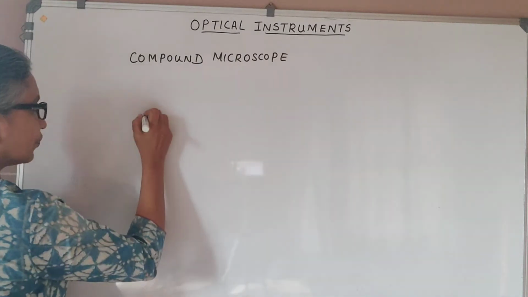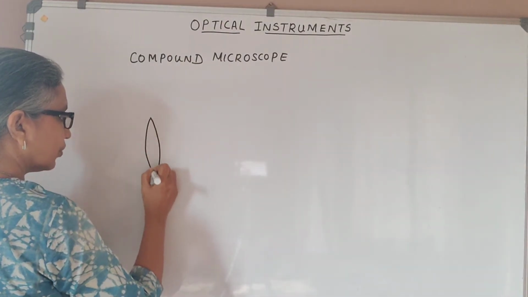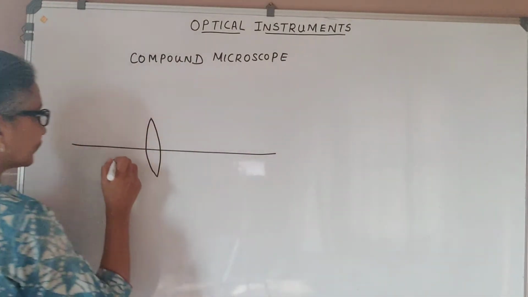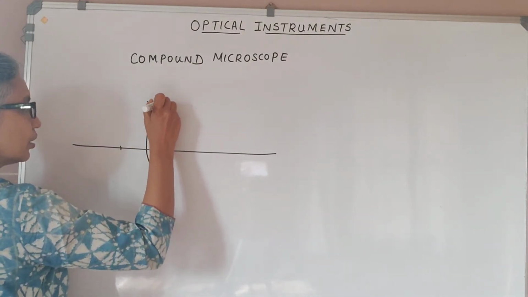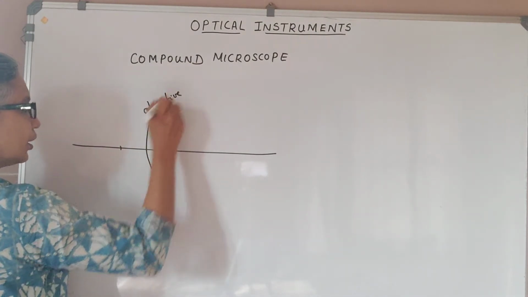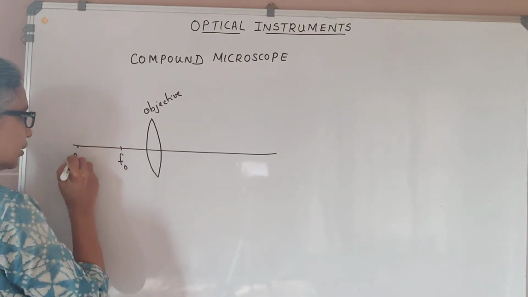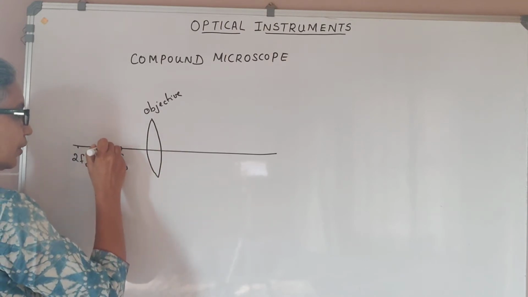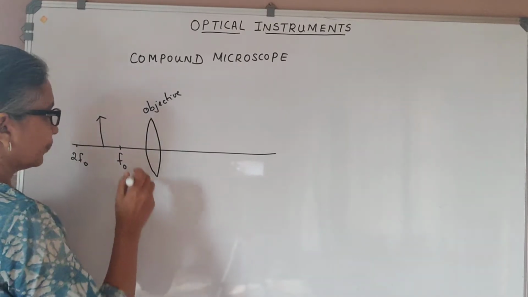So first we have the objective, which is the smaller lens, and then I'm drawing the principal axis, and this is the objective. The focal length of the objective I'll note as FO, and this, let's say, is 2FO, 2 times the focal length of the objective. You keep the object between FO and 2FO.